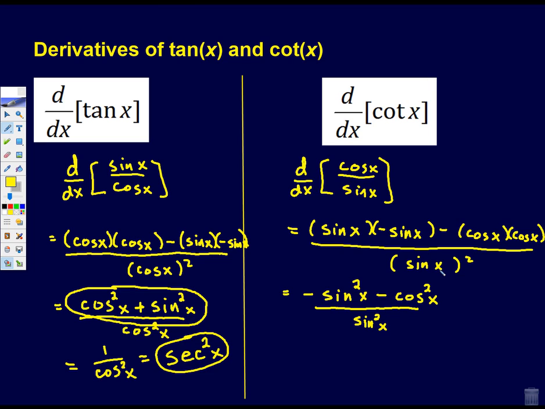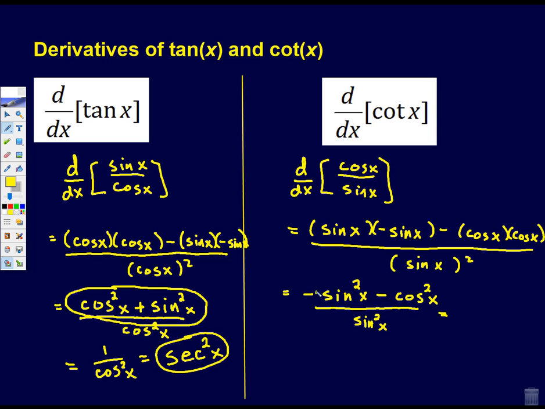And I went ahead and multiplied the upper left corner and upper right corner together. So sine x times negative sine x is negative sine squared x. The upper right corner will be minus cosine squared x, and it's all over sine squared. Now this time I don't exactly have sine squared plus cosine squared, but if you look carefully, I kind of do, because both of these terms have a minus sign, so I can think of it as a little invisible negative 1 in front of each of those.